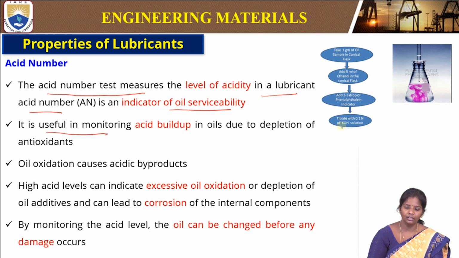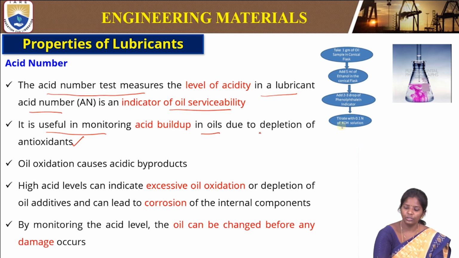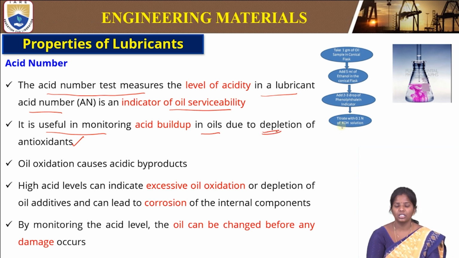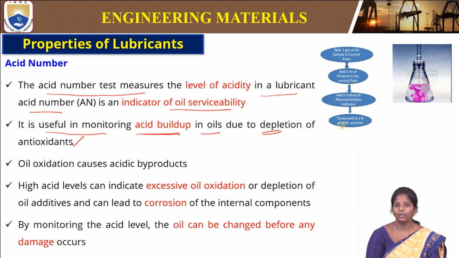It is useful in monitoring acid buildup. It will also help in monitoring the acid built up in the oils due to depletion of antioxidants. For example, vegetable oils or animal oils will have antioxidants. Due to their depletion, they will convert into acids, forming acid buildup in the oil. So that will increase the acidity in the oil.